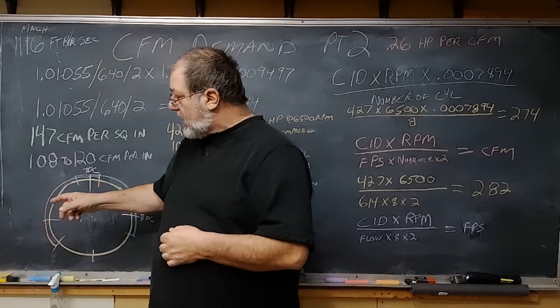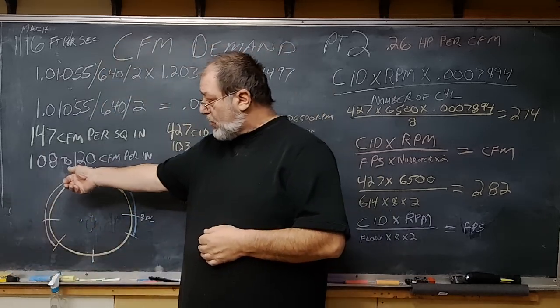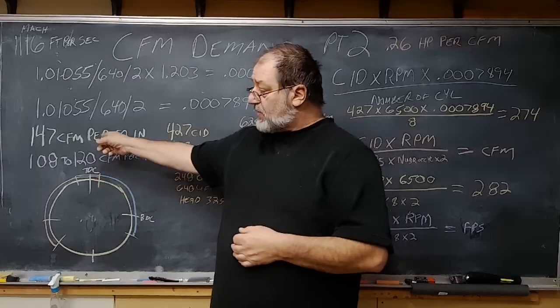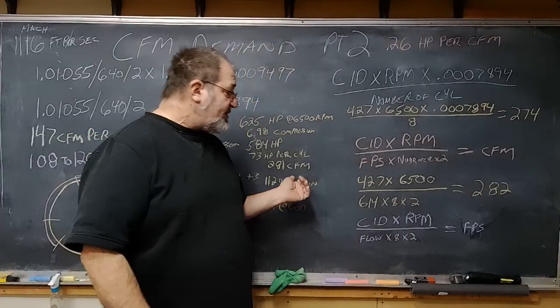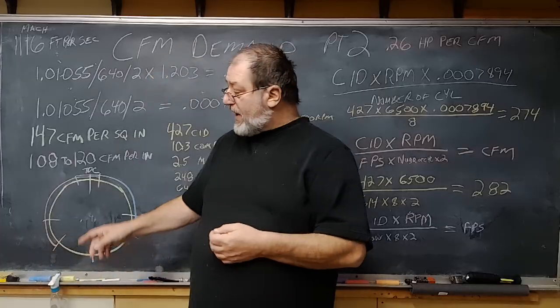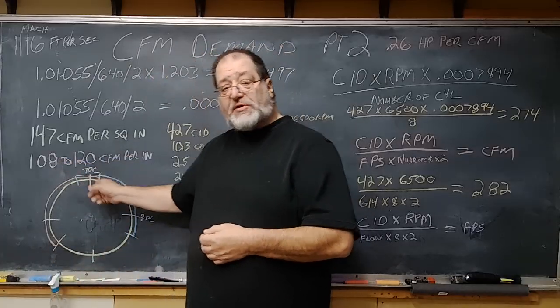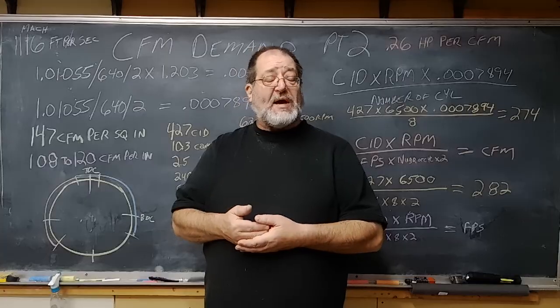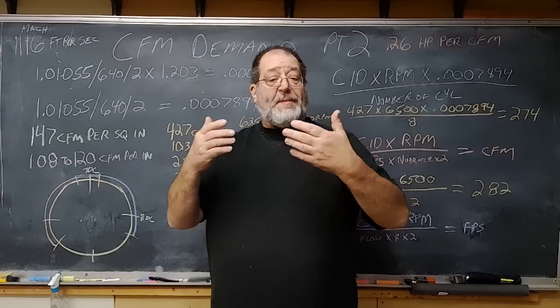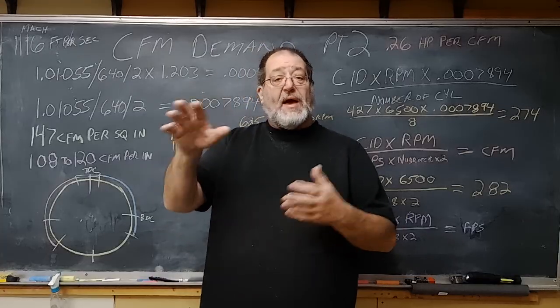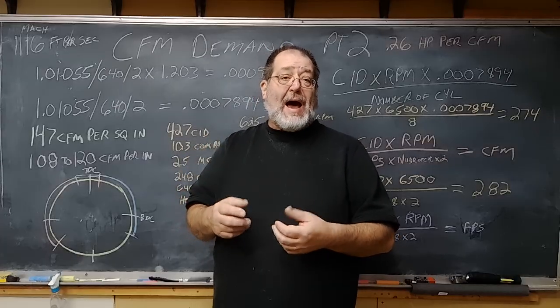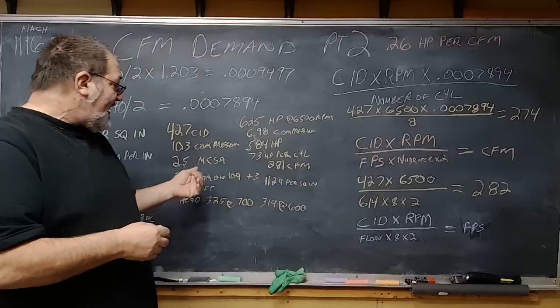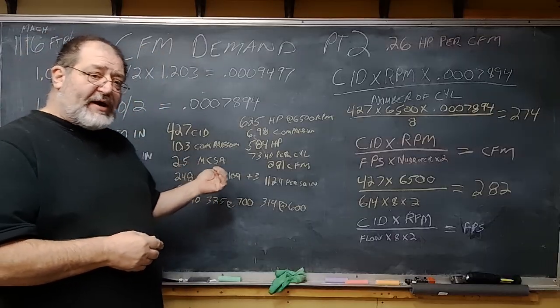Now, if you look over here, my number is 108 to 120, not this 147. This is much more realistic. This works in the real world. The reason that I have a variation here is it depends on what kind of motor you're working on. Now, remember, those bends and whatnot in an engine are going to affect how well you utilize that minimal cross-sectional area.